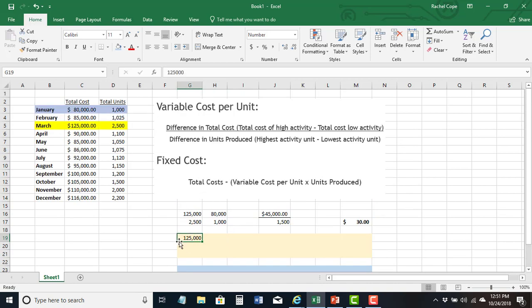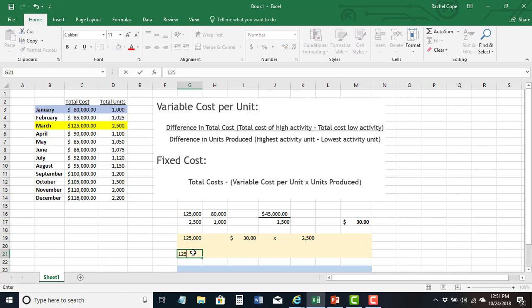So total cost, 125,000. Then we're going to take variable cost per unit times units produced. So variable cost per unit, we had just calculated up here, is $30. Then we're going to multiply it by the units produced. Well, in the 125,000 month, we had 2,500.